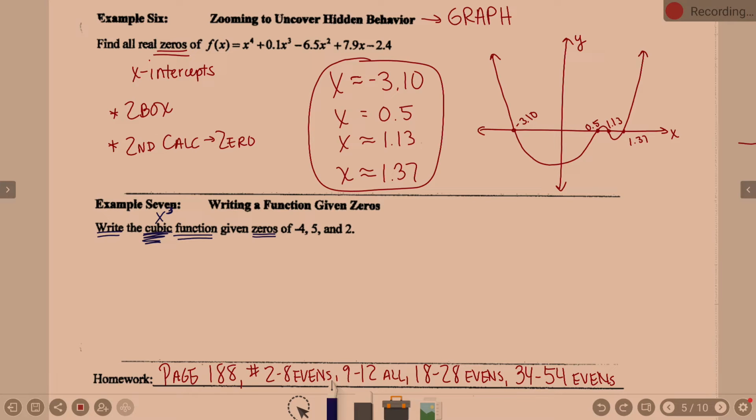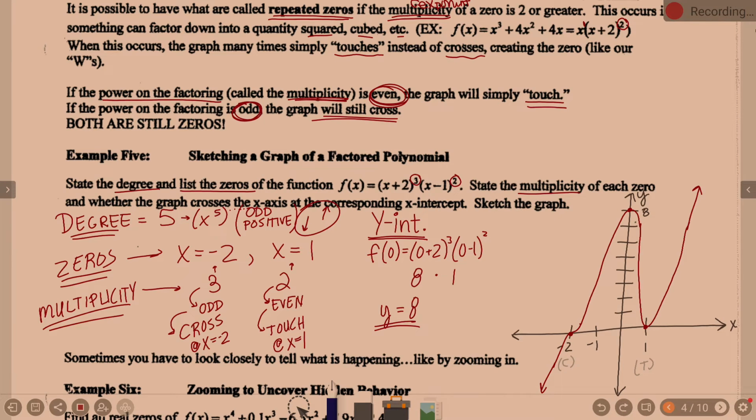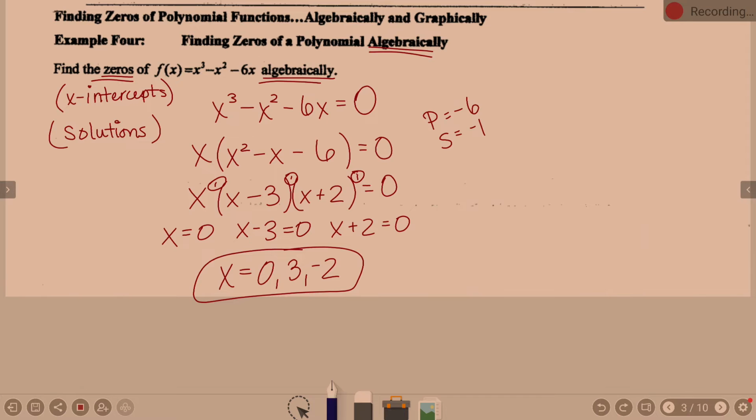Think about if we have a zero of -4. Backtrack a couple of pages with me real quick, to the bottom of this previous page. These were my zeros, yes? I had zeros of 0, 3, and -2. Where did 0, 3, and -2 come from?